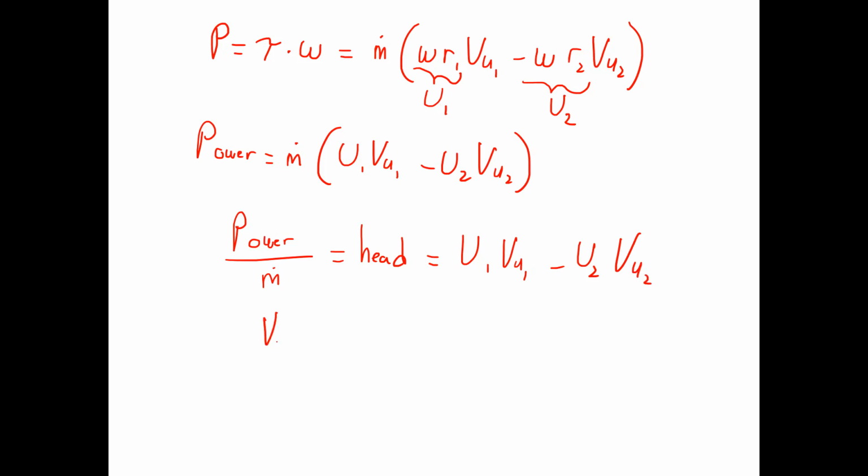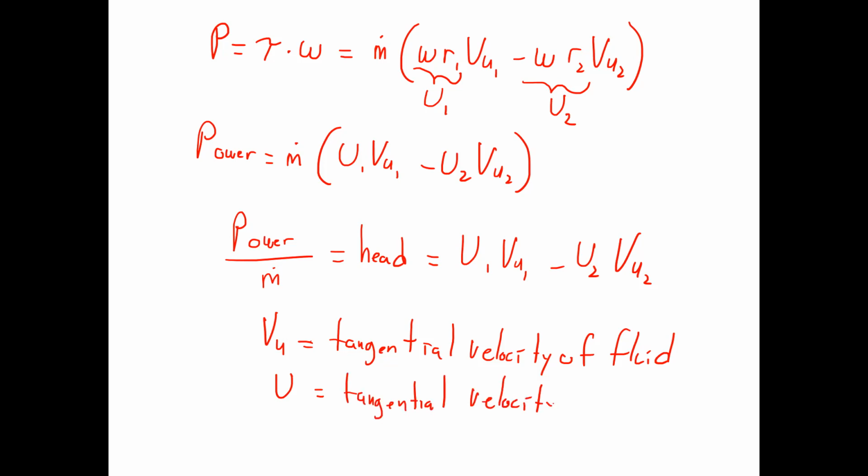Again, VU is the tangential velocity of the fluid, U is the tangential velocity of the rotor. Rotor and turbomachine are interchangeable terms.